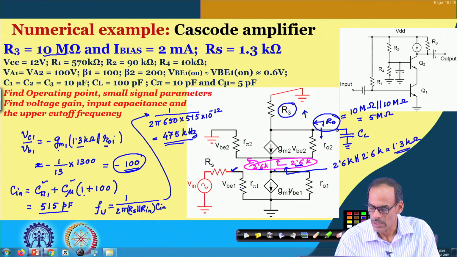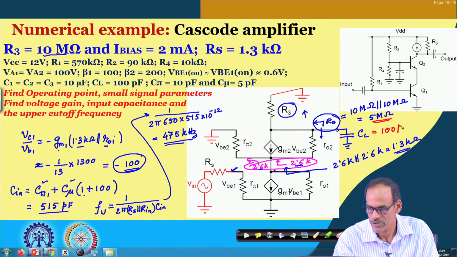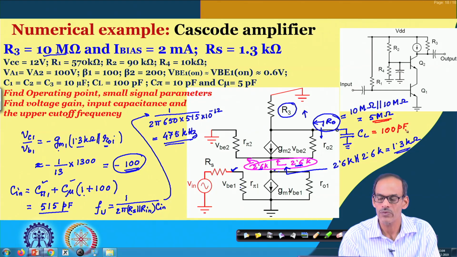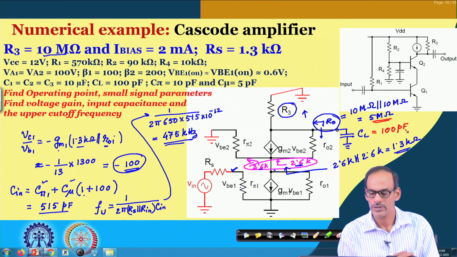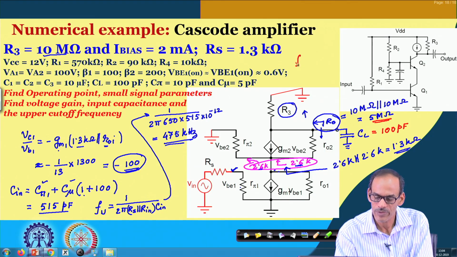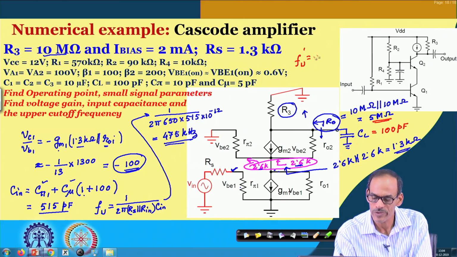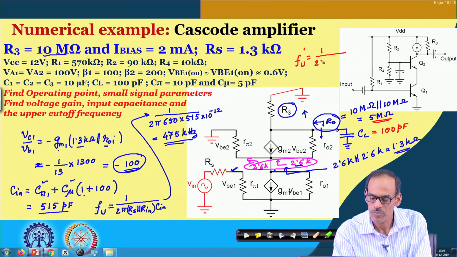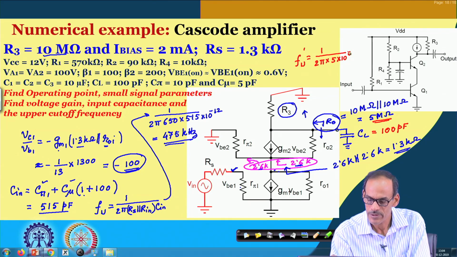Now, the alarming situation we do have here is 5 mega and CL equals 100 picofarad. That defines the upper cutoff frequency, which is 1 by 2 pi into 5 into 10 to the power 6 multiplied by 100 picofarad, that is 10 to the power minus 10.